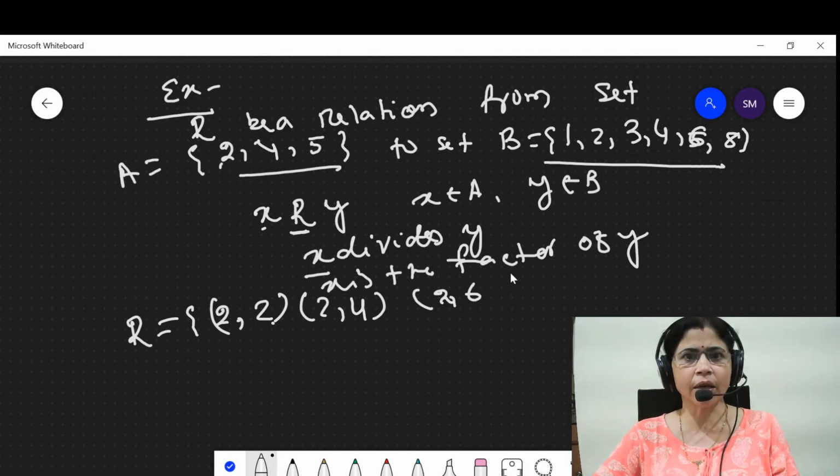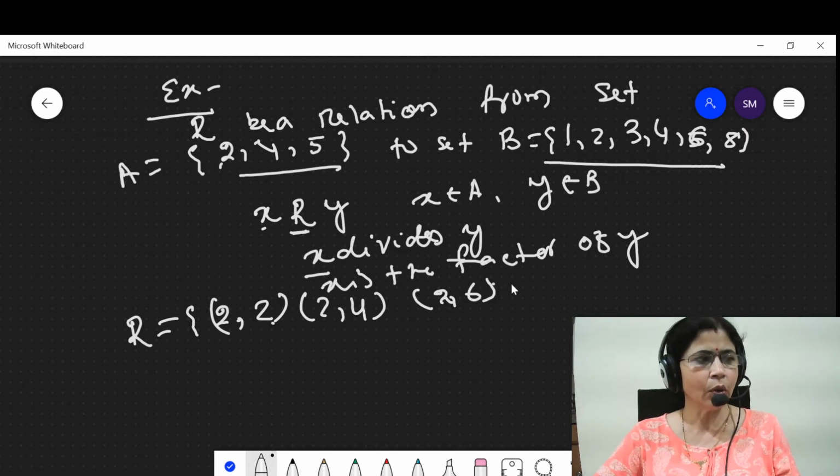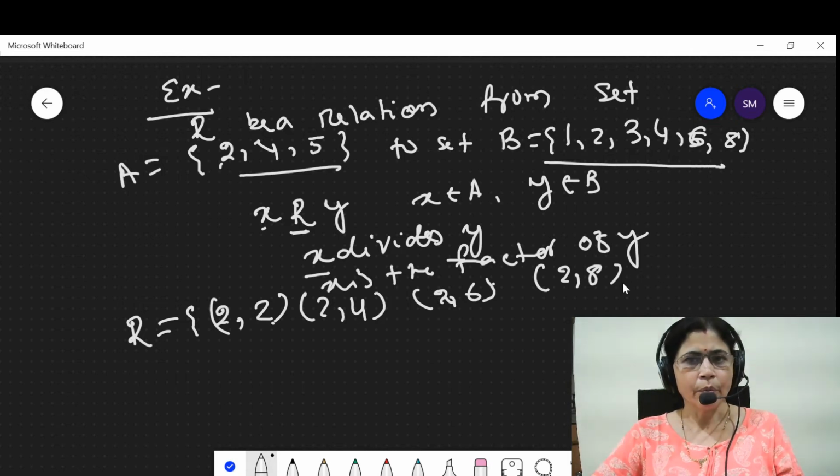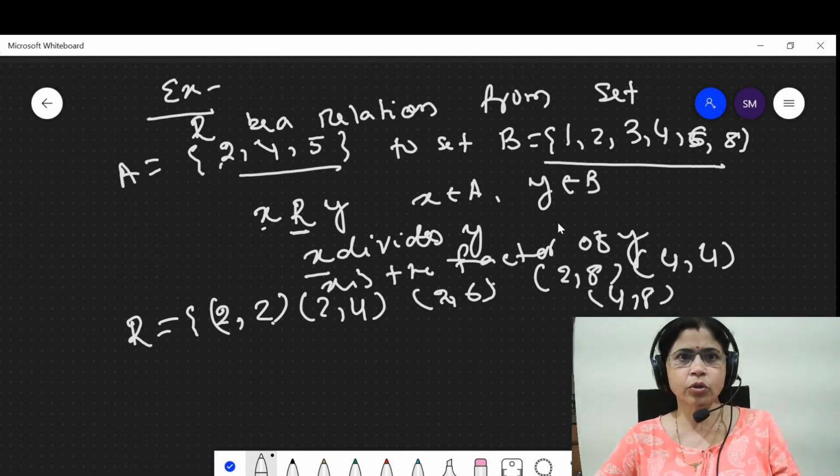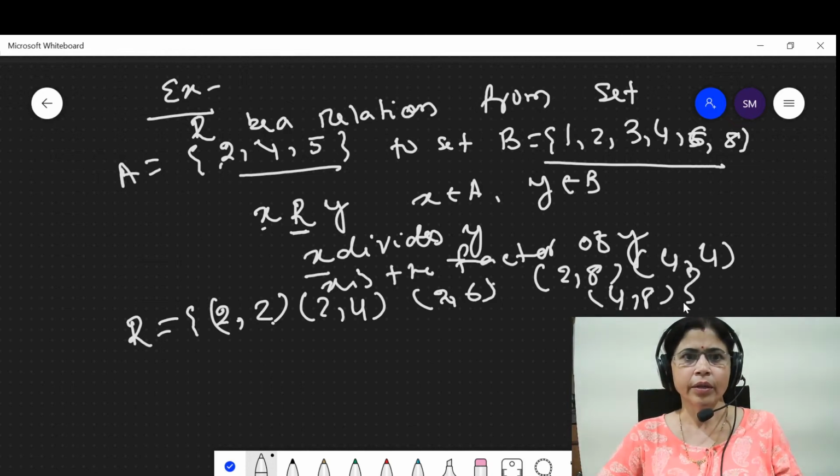This is x divides y means x is the factor of y. 2 related to 6, then 2 related to 8, then next 4 related to 4 because 4 divides 4, and 4 is also related to 8. Then this is the relation from A to B in such a way that x divides y. This means x is the factor of y.